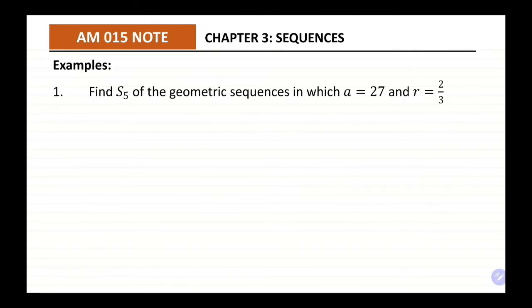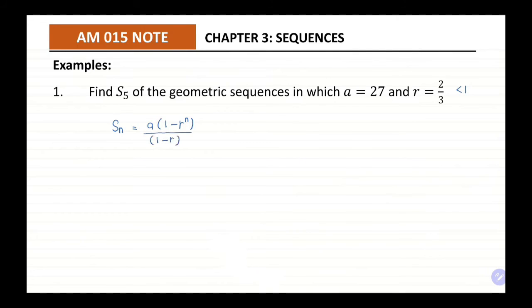We continue with example number 1. Find S5 of the geometric sequence in which a equals 27 and r equals 2 over 3. Now we want to find the sum of the first 5 terms. Since r is less than 1, we use the formula Sn equals a, 1 minus r to the power of n, divided by 1 minus r.